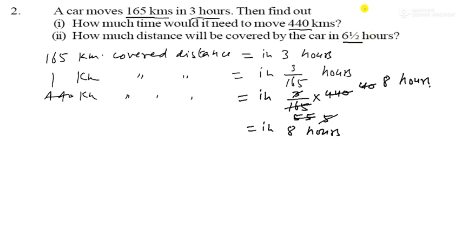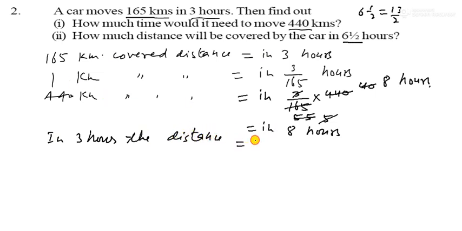Now come to how much distance will be covered by the car in 6.5 hours. What does 6.5 mean? That is 6 twos are 12 and 1 is 13. So 13 upon 2. Now change the direction of the question. You can write it in opposite manner. So in 3 hours, the distance is equal to 165 kilometer.